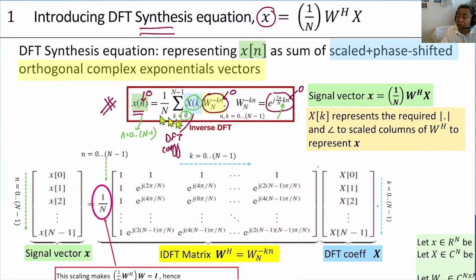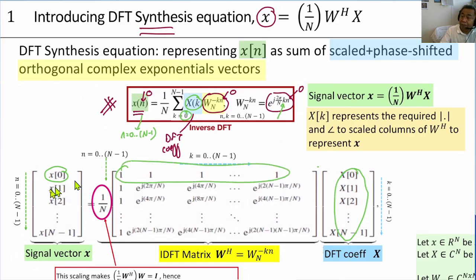Now let's put it as a matrix vector product. Let's examine x[0], so we put x[0] here. X[k], we put it here. And remember, a matrix vector product means take this row and multiply by this column to get the first number. You realize that each entry of this is simply the elements specified by this notation here.